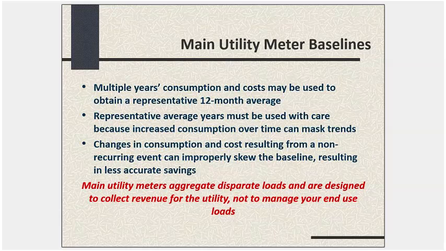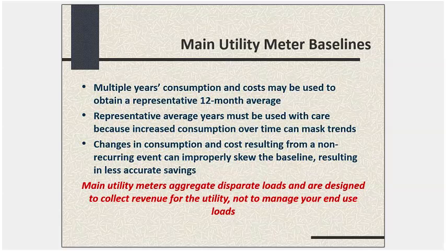If you use multiple years of consumption to obtain a representative 12-month average, that representative average year has to be used with care, because sometimes it can mask increased consumption like load creep that's occurred over, say, a 3-year period. It doesn't seem to be that much of a change year to year, but if you look carefully at the month-by-month data, you'd see there was load creep going on.